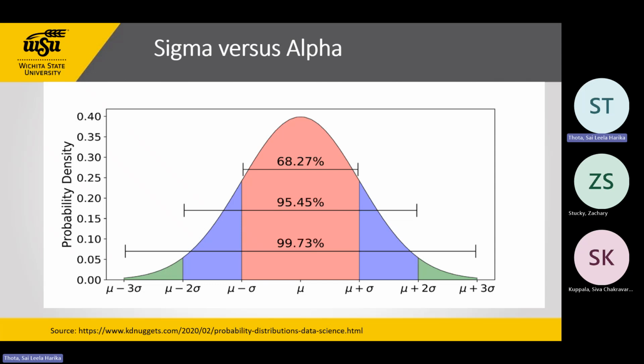The middle part, which is 68.27%, comes under the first standard deviation, so in the first standard deviation we cover 68.27% of the values. In the second standard deviation it is 95.45%, and in the third standard deviation we cover 99.73%.